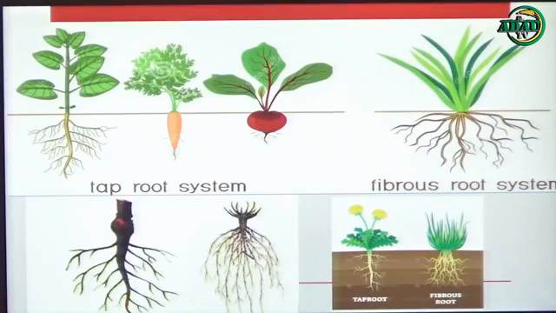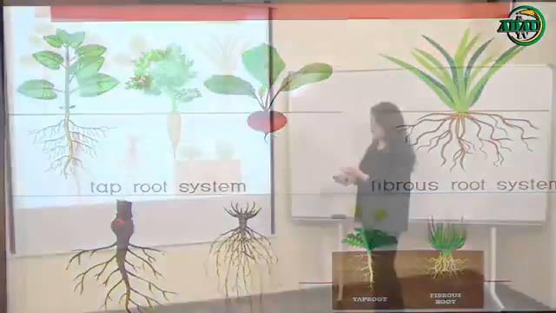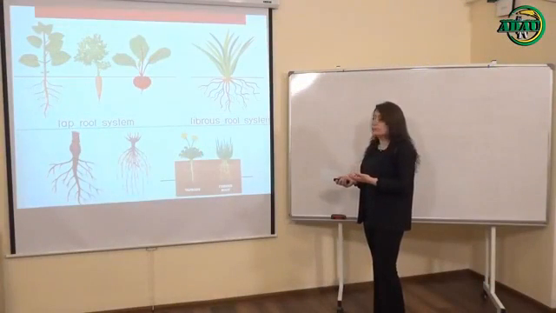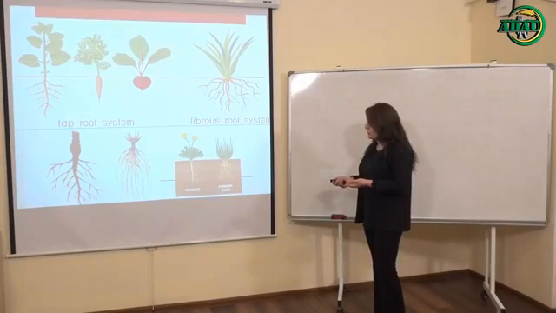Taproot system is a characteristic feature of most dicots and gymnosperms. Dandelion is a good example of a herbaceous dicotyledonous plant, and it has a well-developed taproot system.